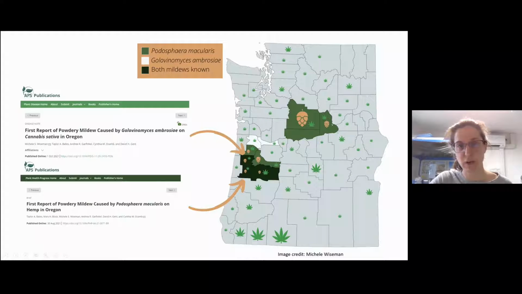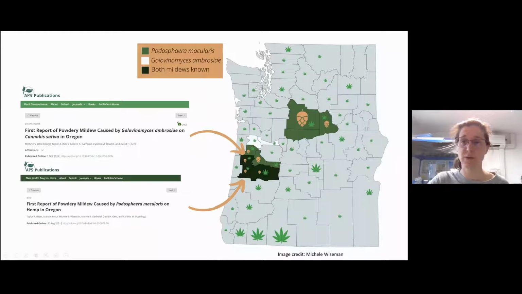So we know in green, Podosphaera macularis, the hop powdery mildew, had previously been reported. In white, Golovinomyces ambrosiae, this is the quote unquote hemp powdery mildew. And then in the counties where you have this dark color, both mildews had been previously reported.